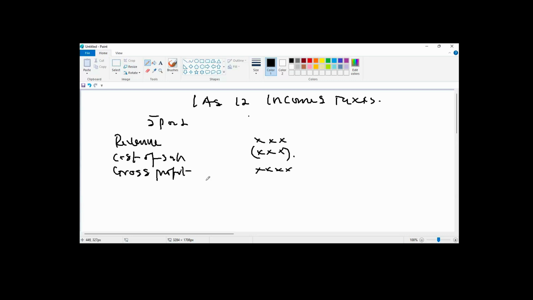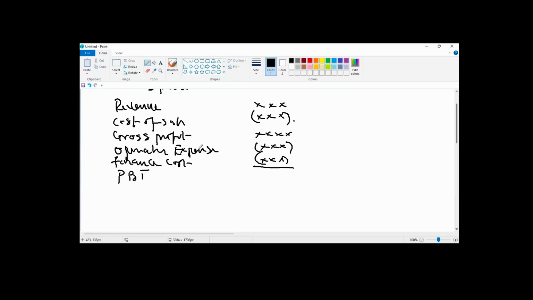Then, after the gross profit, let's say operating expenses. We don't want to go into distribution and admin expenses. After the operating expenses are deducted, we also have the finance costs. Then this gives me profit before tax, from which I will now less my tax expense.